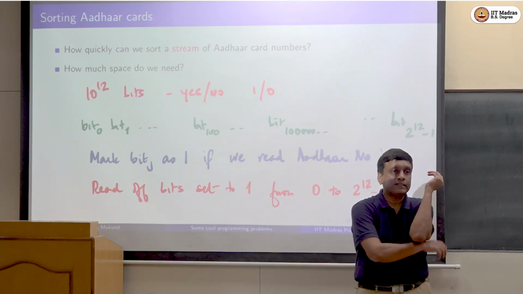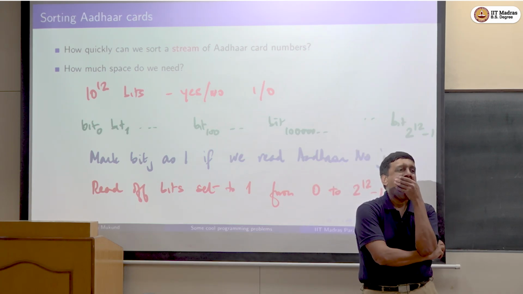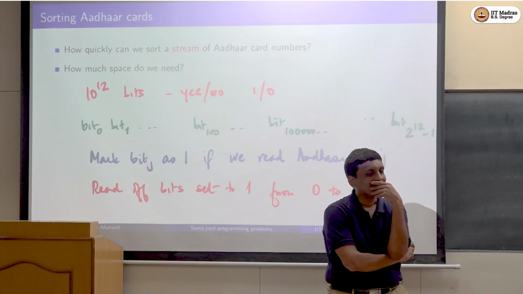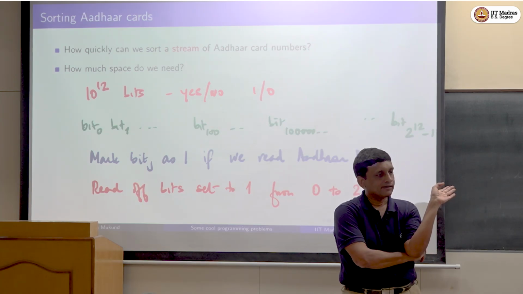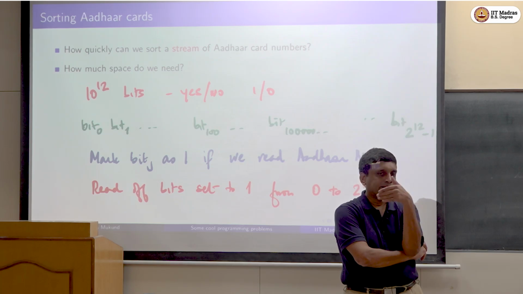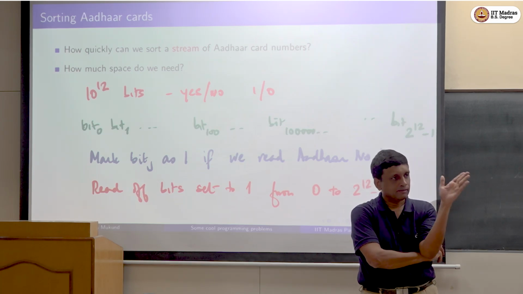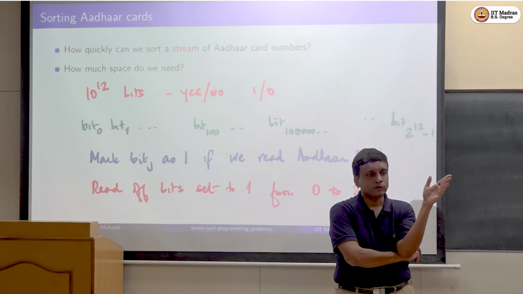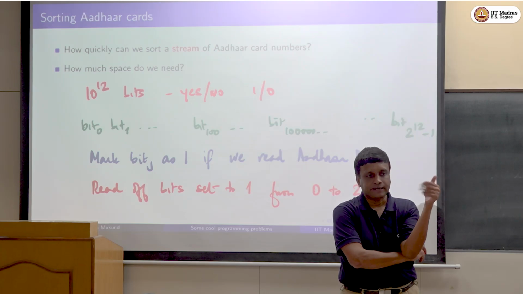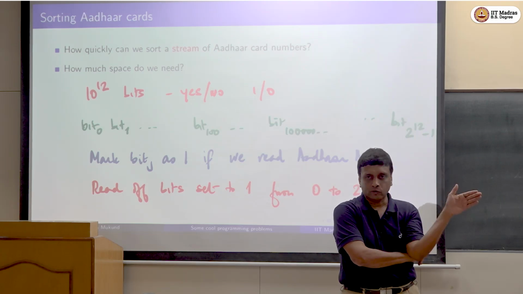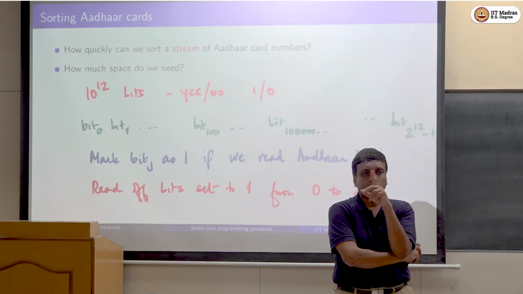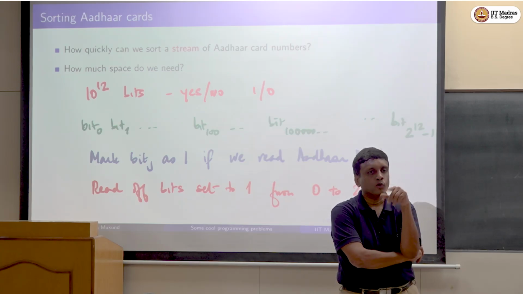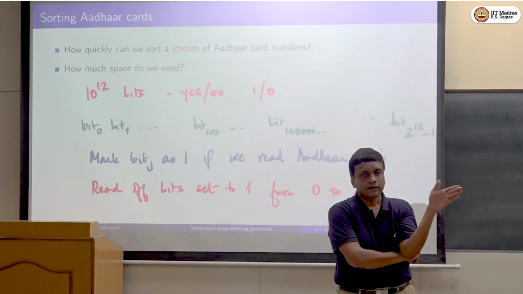So how much time does this take? Right, I have to scan the list once. I can assume that this bit string is like an array. I can get to the jth thing by just doing some indexing. I know where bit 0 is, I know where bit j is, and so on. So that's usually a single calculation. Just like if you go to any array and you go to the jth position, normally you can do it in constant time.